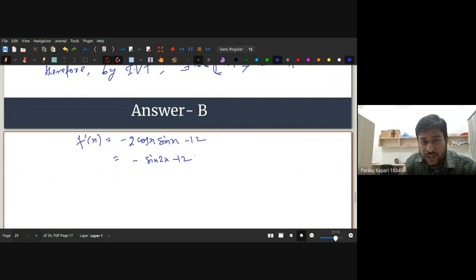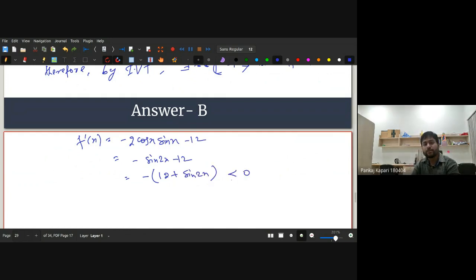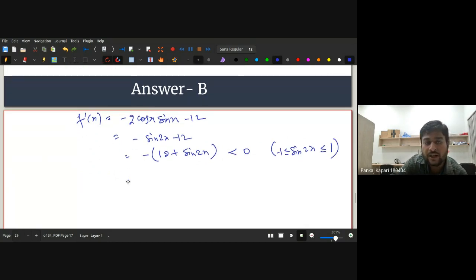If we take the minus common, it is just minus of 12 plus sine of 2x. It is certainly negative, right? Because sine 2x lies between minus 1 and 1. That means the derivative is negative.